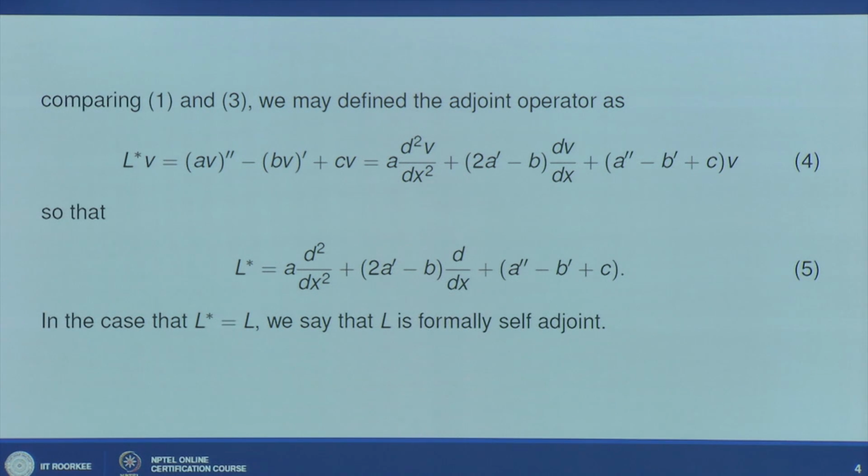Now in the case when L star is the same as L, we call this operator a self-adjoint operator.